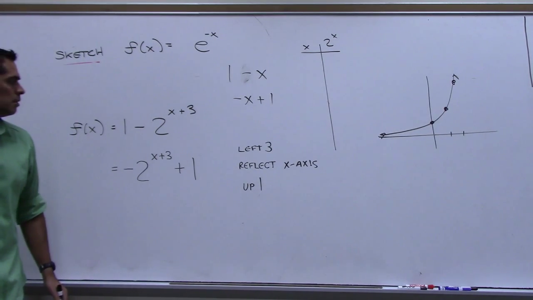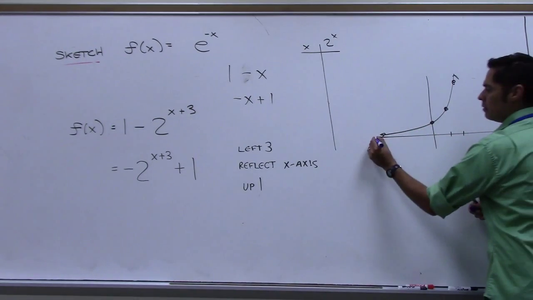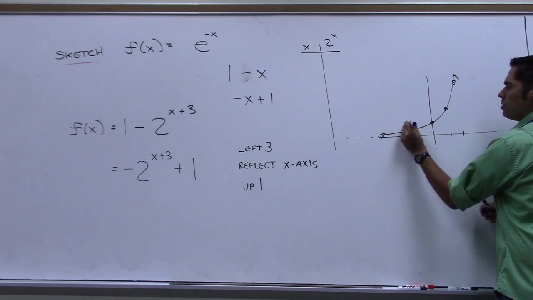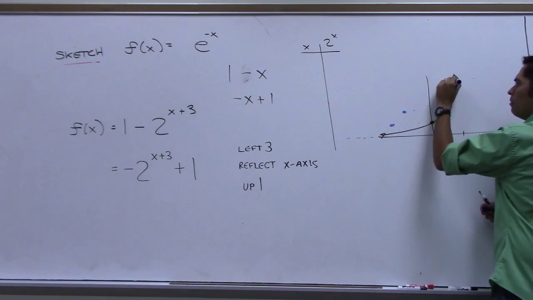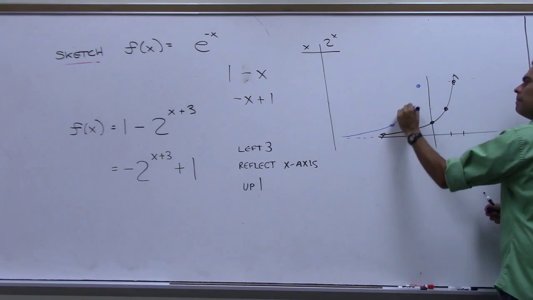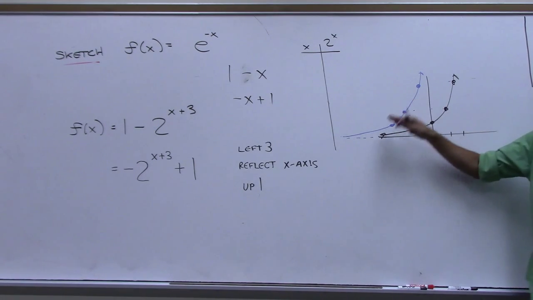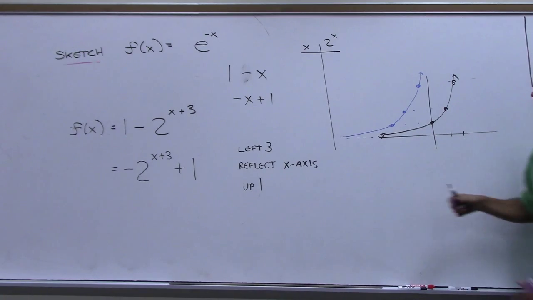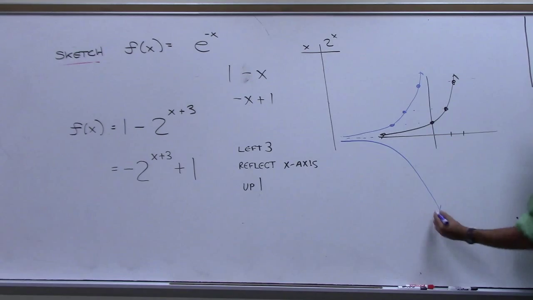So let me do it. Everything to the left 3. 1, 2, 3. 1, 2, 3. Something like that. So it's just this picture, right? So far, it's everything to the left 3. We don't have to be perfect, all right? Then take that blue and reflect it over the x-axis, which would be like this now, right?